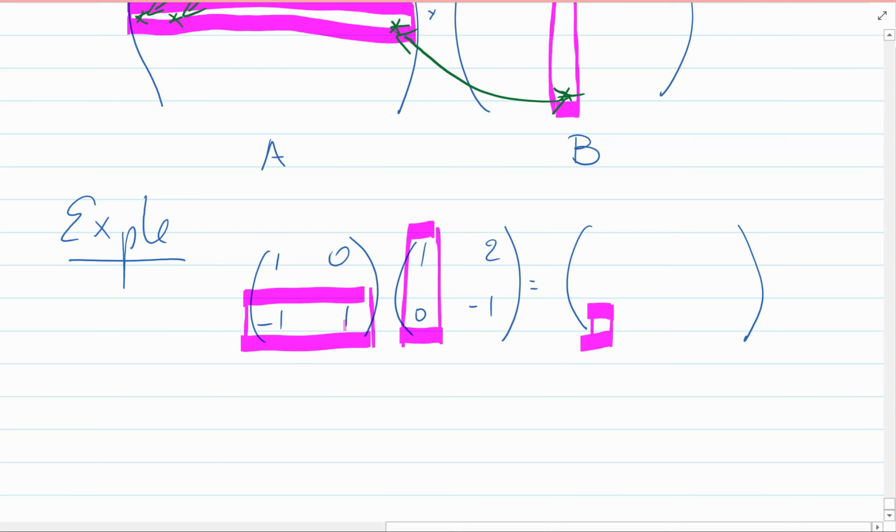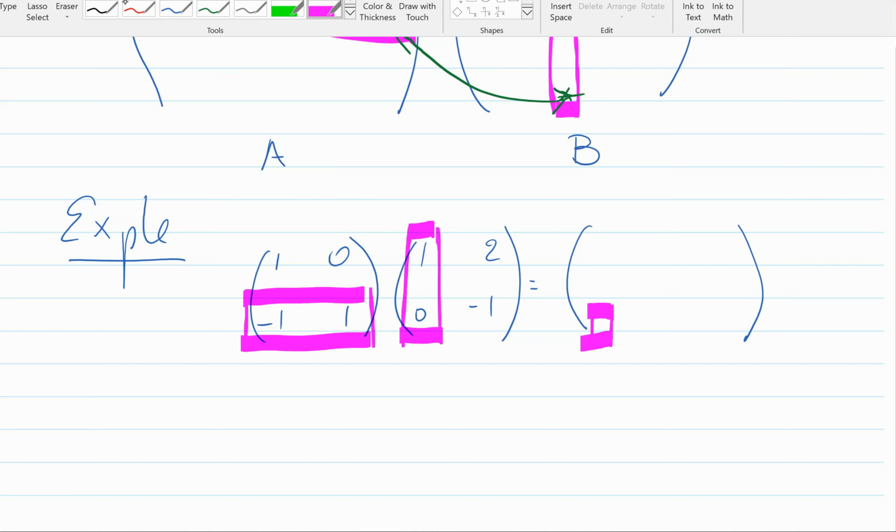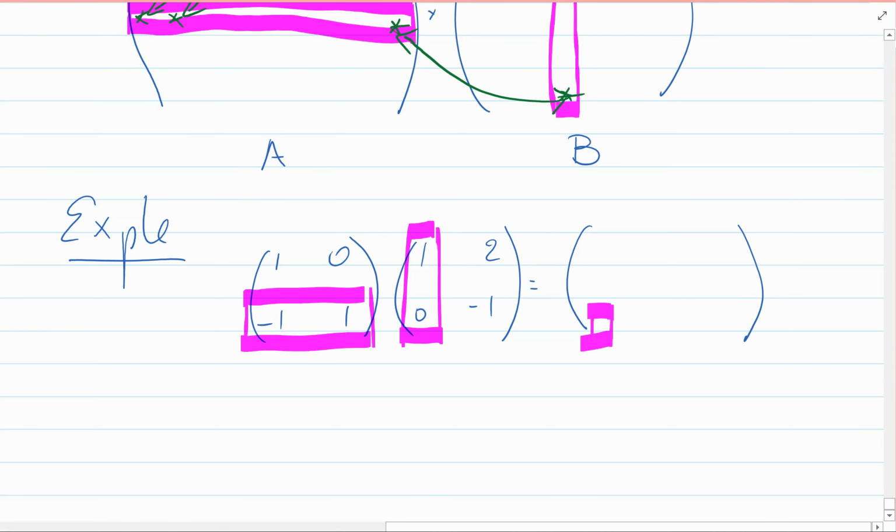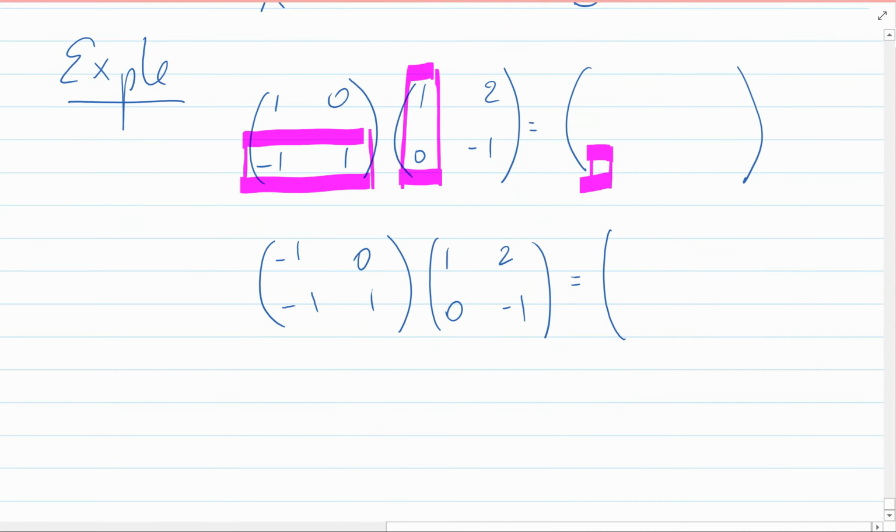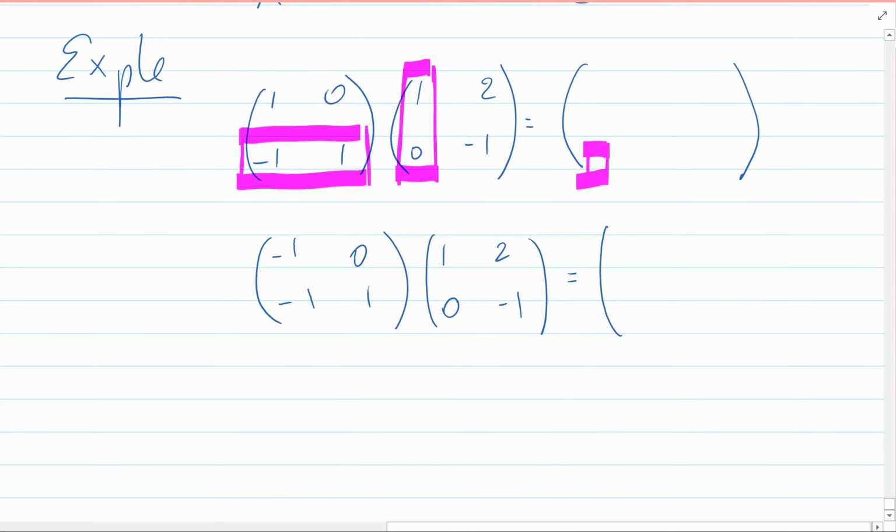Great. So let's do it. We get minus 1, 0, minus 1, 1, times 1, 0, 2, minus 1 equals. For the first column, we're going to use the first column of B. First column of B: 1, 0, times the two rows of A. This will give me the first element of the first column of the end result, and the second one in the first column.